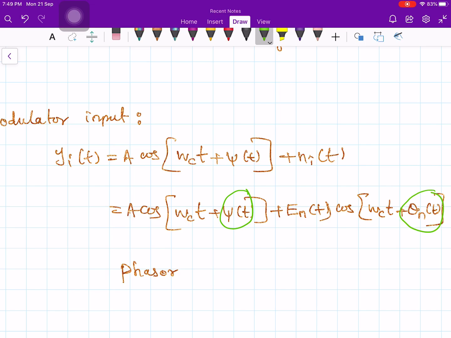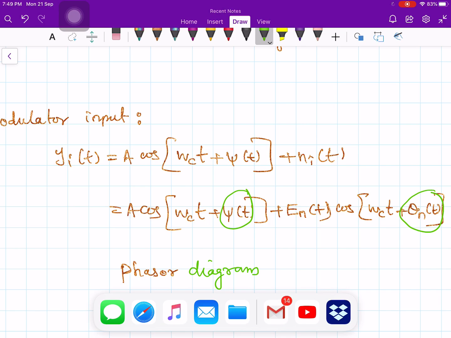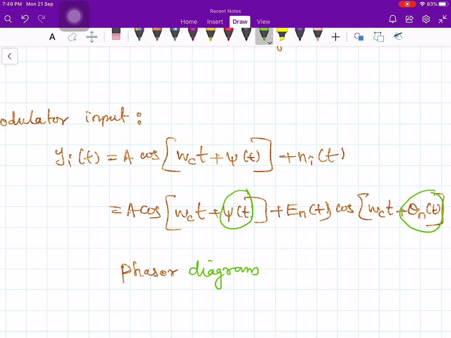Therefore, it is best to understand the nature of these two through the phasor diagram. So let us try to draw the phasor diagram. The phasor diagram that we discussed earlier is going to be very important and very useful to carry out this analysis.